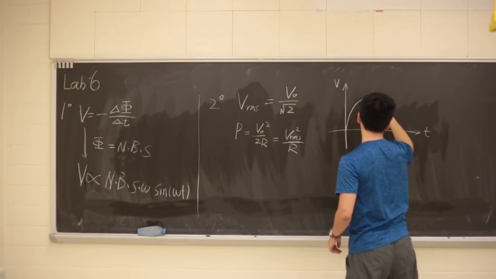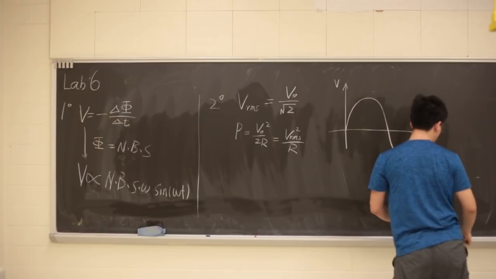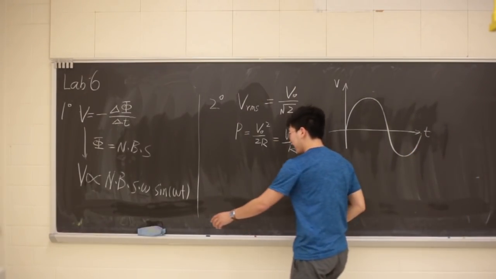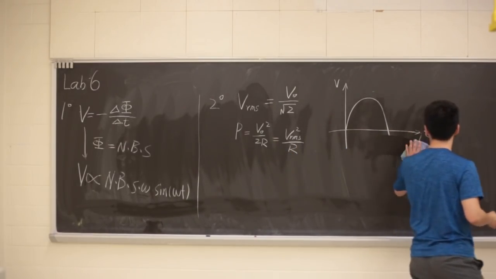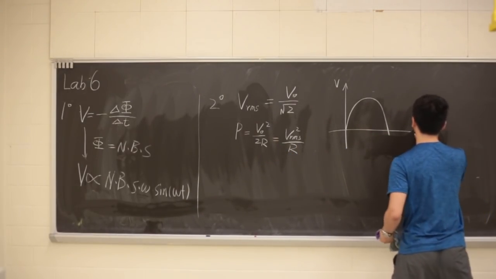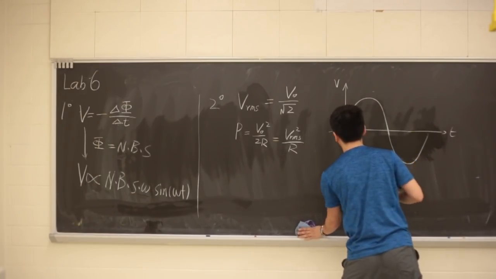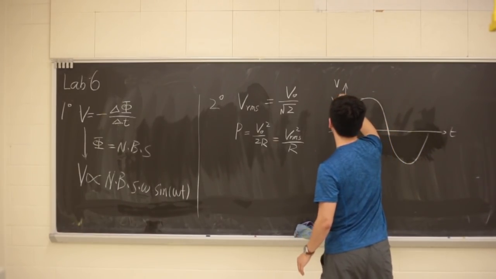By putting it into a graphical understanding, what I mean by V naught and V RMS is, here is our AC power supply. It's symmetric, you got the idea. It's a sinusoidal function. The maximum is V naught.